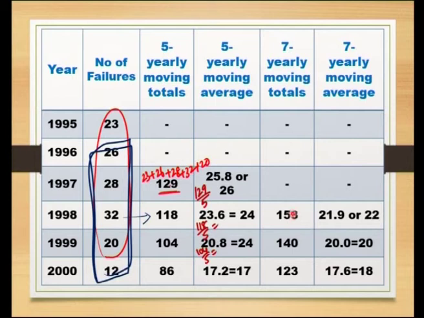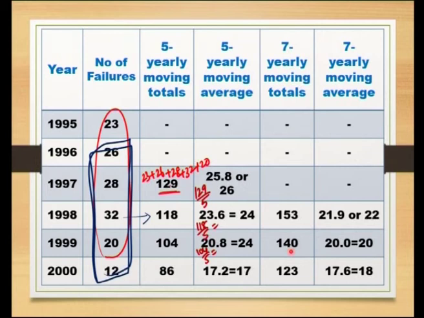The middle of the first 7 values corresponds to the year 1998, and it is 153. Next, 153 divided by 7 gives you 21.9 or 22.